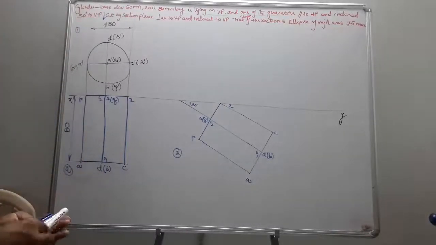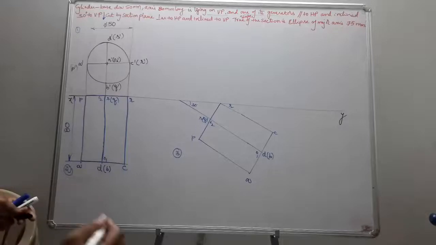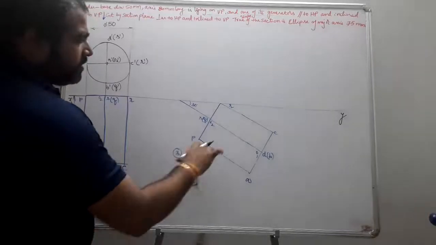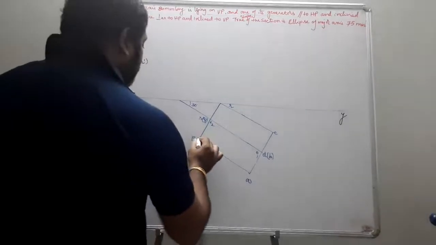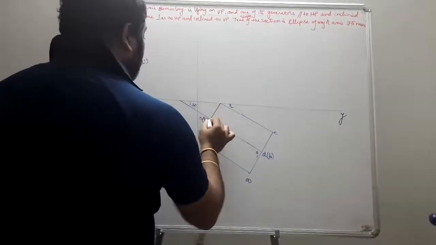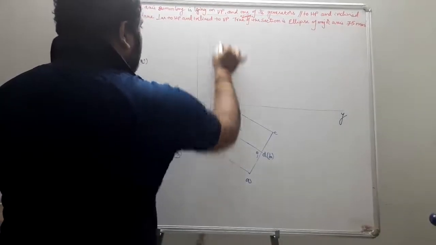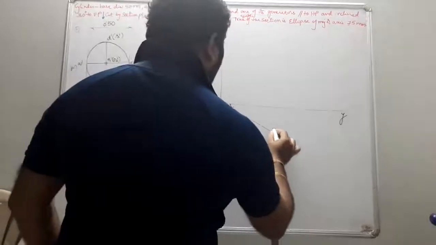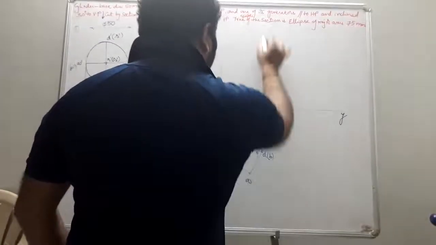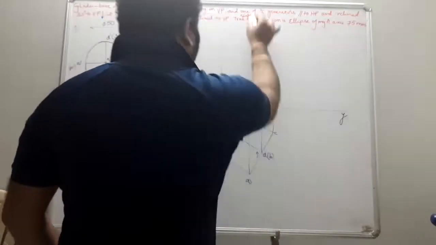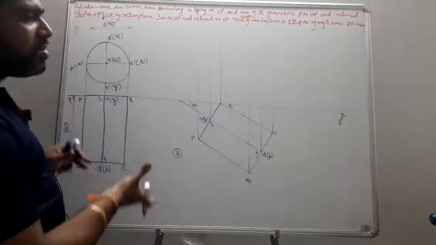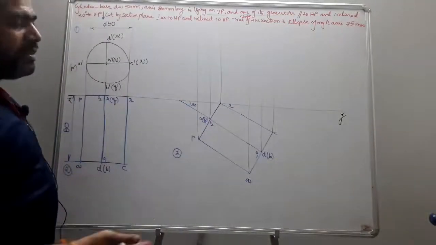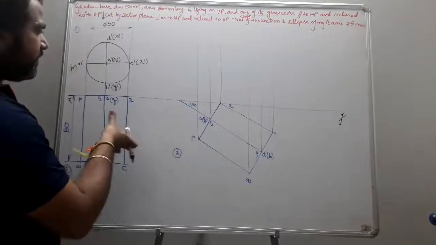Now draw the vertical projectors from the obtained top view which is tilted. Okay. So from here, draw the vertical projectors up to here. This is nothing but your solid inclined to one reference plane. I am doing this solid inclined to one reference plane.